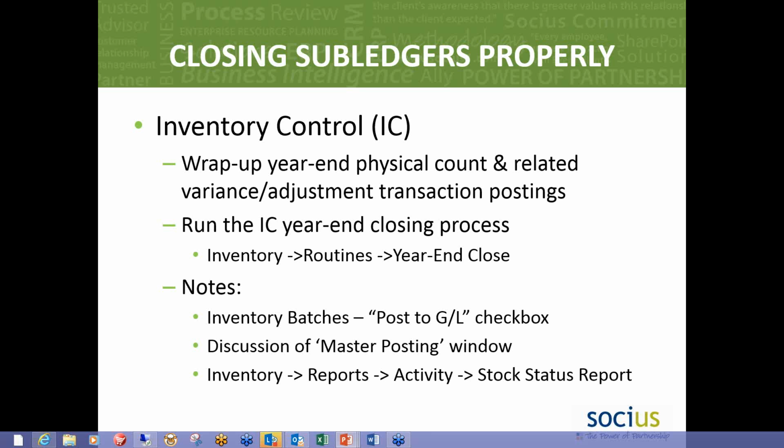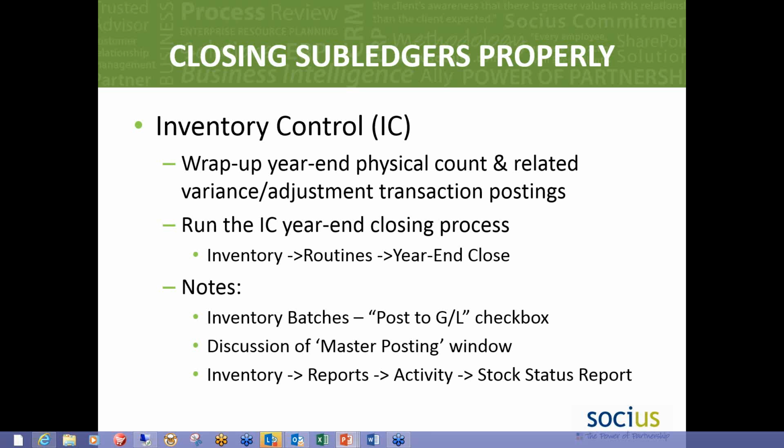And again, to run that year-end process, you simply go to Inventory, Routines, and Year-End Close. A couple of things to keep in mind are the inventory batches. When you're posting those batches, make sure that you mark those to post to GL. Also, remember that you have options in regards to posting.